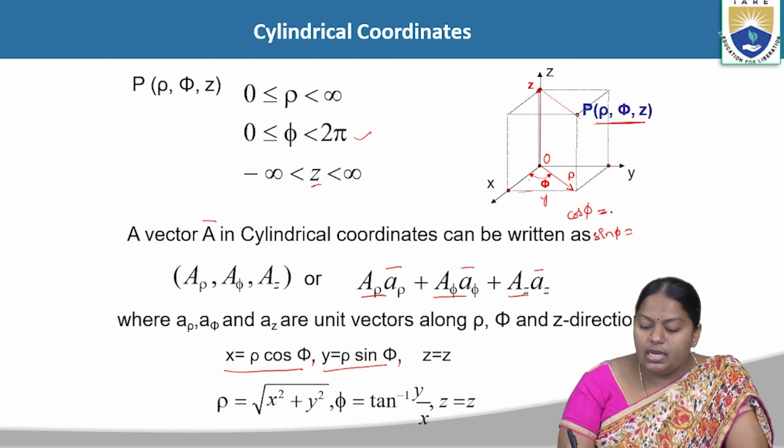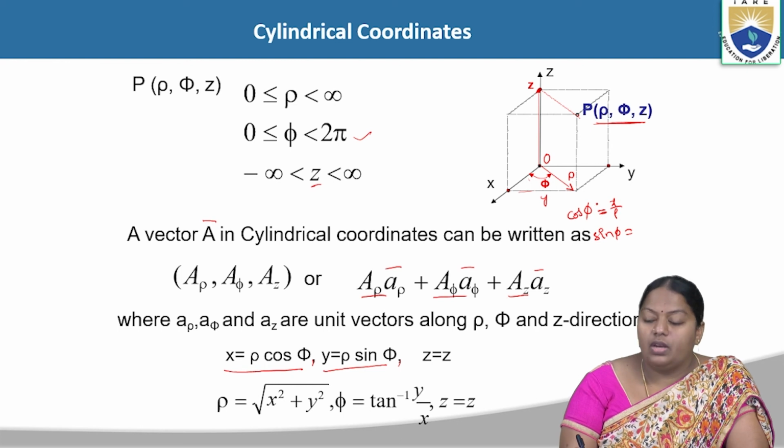So cos phi equal to x by rho, right? So x is equal to rho cos phi is obtained. Similarly, to write sin phi, we consider opposite side by hypotenuse rho.